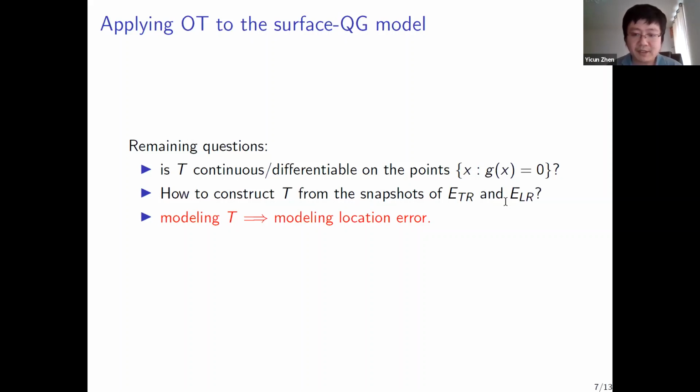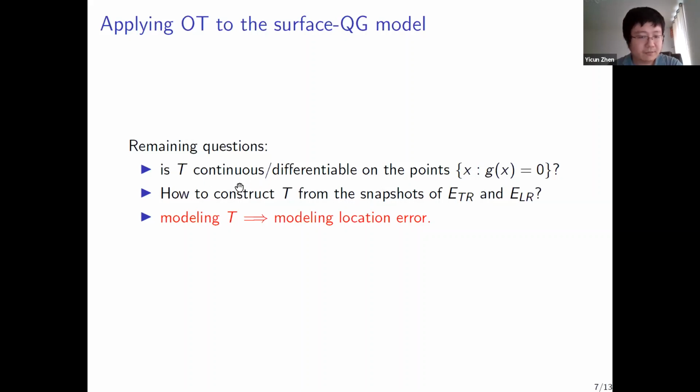What if your E_LR or E_TR vanishes at some point in the domain? Maybe this has already been solved, but it's still a question for me. I'm still trying to understand whether there is a reliable method for constructing T for arbitrary probability density functions.